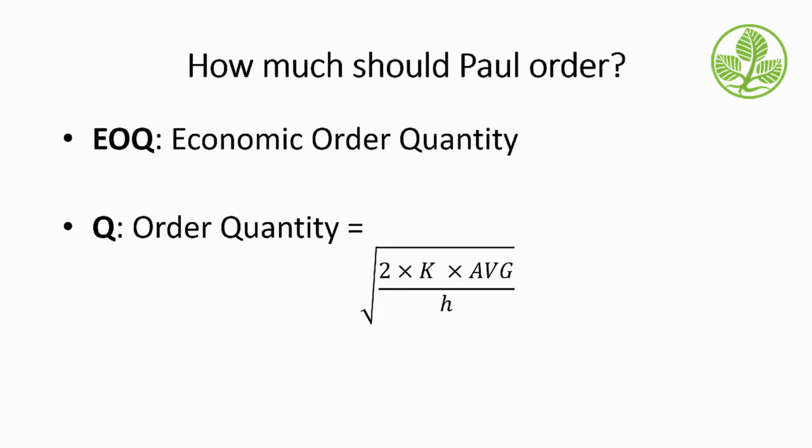Right now, Paul knows when he should order new drinks, but not how much he should order. So let's put an eye on the order quantity Q. For our model, we can use the concept of the economic order quantity. It is a simple approach that aims to minimize total cost. You can see how the order quantity is calculated.